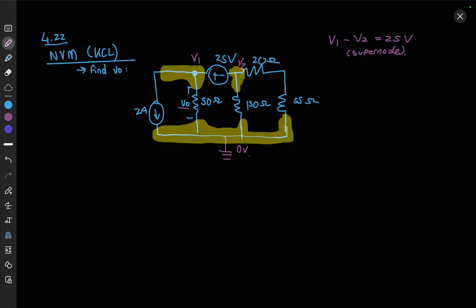Cool. So let us do our calculations then. Since there's a supernode, what we do is combine these nodes and treat this as one big node. Let's see what is all connected to this one big node. Let's look at our resistors.